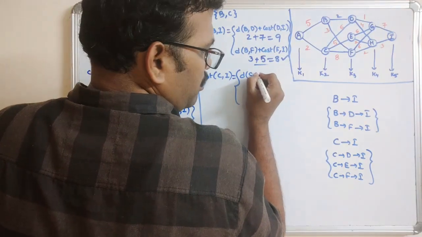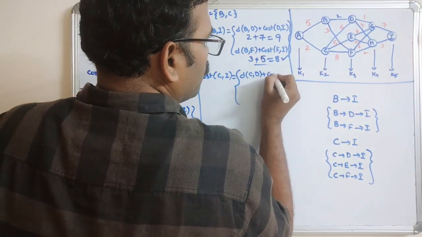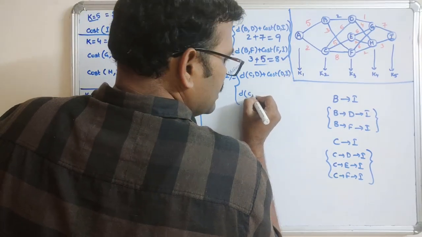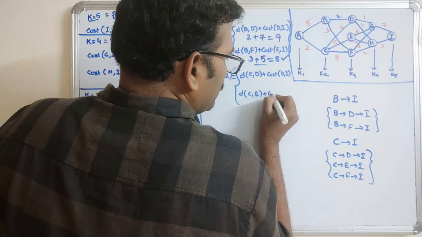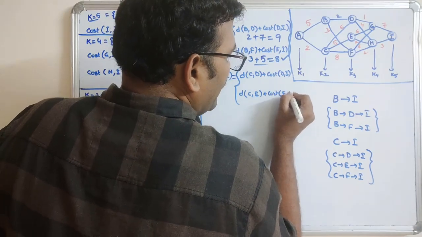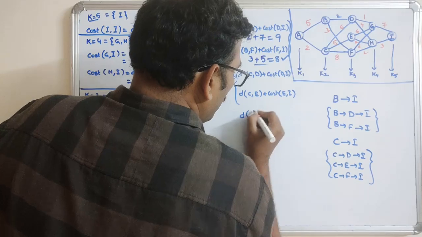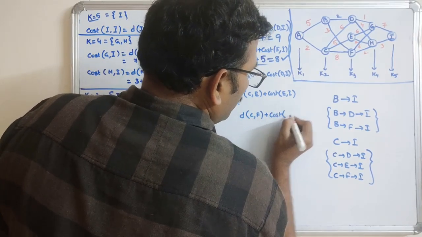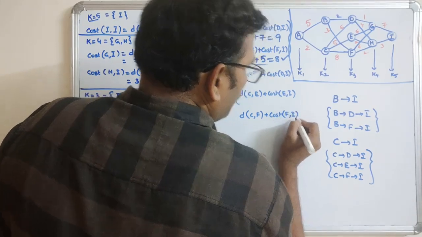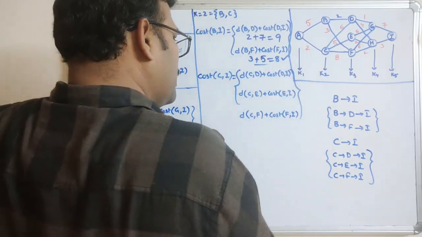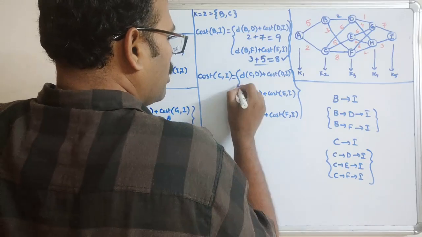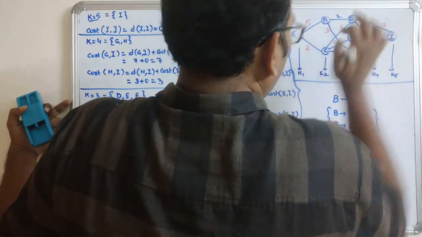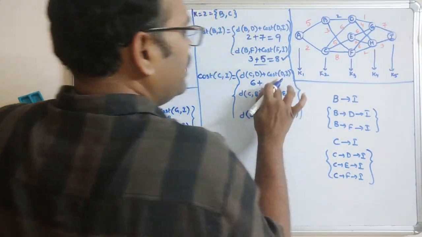So C to D plus cost of D to I. Similarly D of C to E plus cost of E to I. Similarly, D of C to F plus cost of F to I. So among these things, we have to consider the minimum. Let us check the distance or the cost. So D of CD, C to D, it is 6 plus DI.